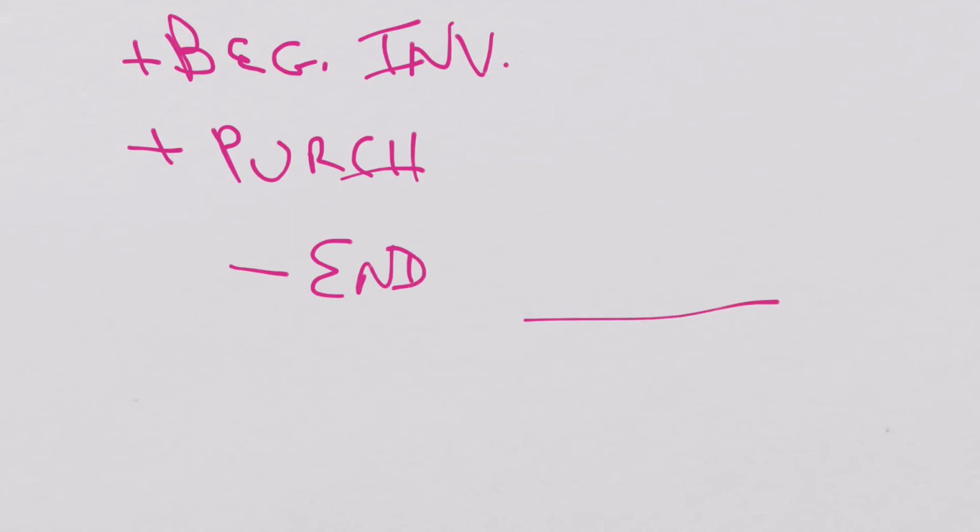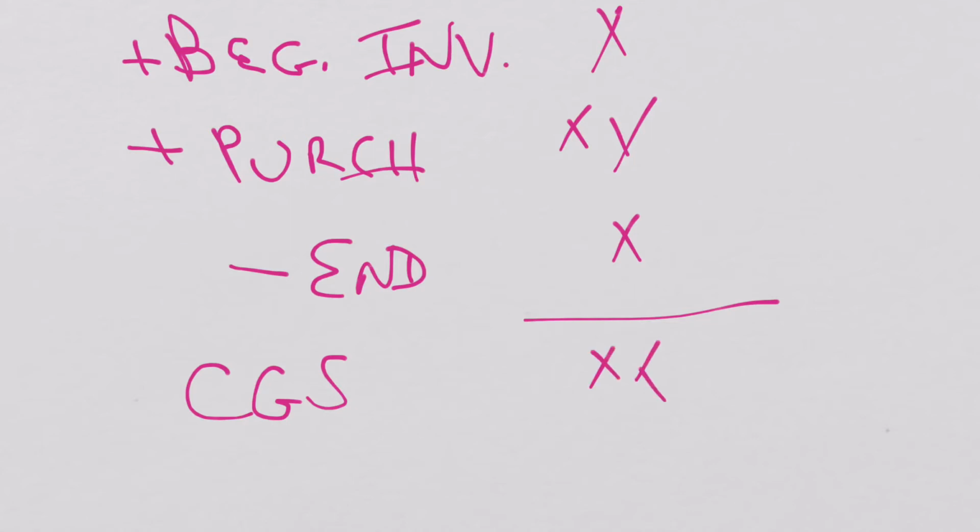It gives you one of two answers. It either gives you the cost of goods sold, if we're dealing with selling widgets. So we start with so many, we add, and we're left with so many, and so the cost of what we sold becomes XX.